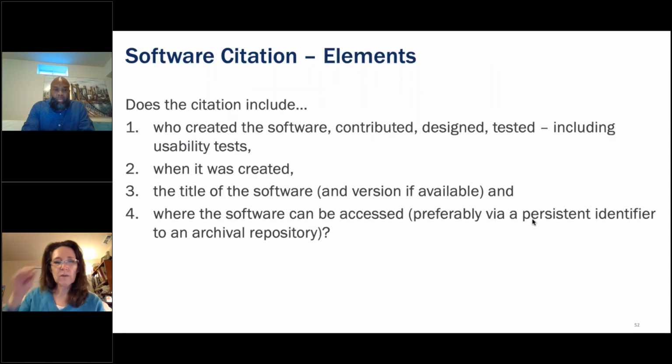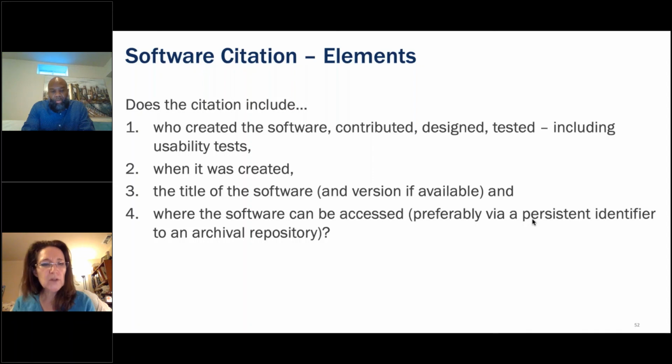So let's talk about what those elements of a software citation look like. The authors of who created it. It's kind of weird to talk about authors of software, where we know that we're really talking about software developers or those who have participated in the design or those who have helped with the testing or other ways of contribution. So think about that all together in order to give appropriate credit for people who have supported the software.